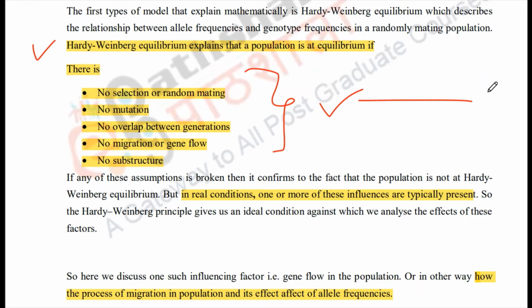In contemporary times, it is very hard to find a Hardy-Weinberg or a Mendelian population, so to say, because at some point or the other at least one form of evolutionary force is acting upon it, right? So it is very difficult to find a pure Mendelian sort of population existing today.